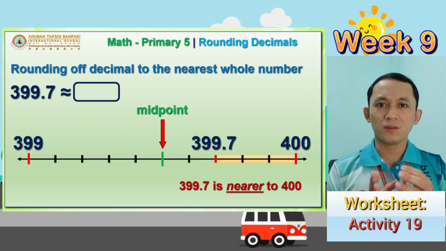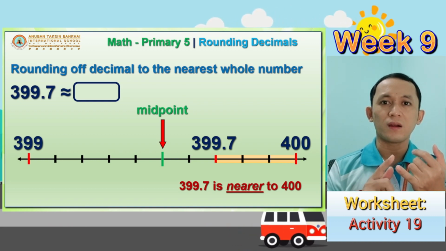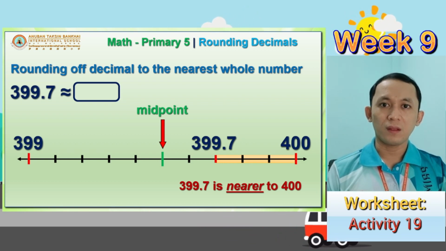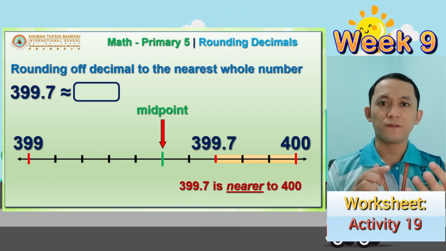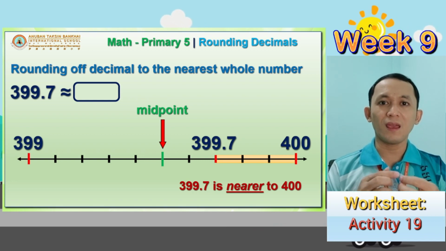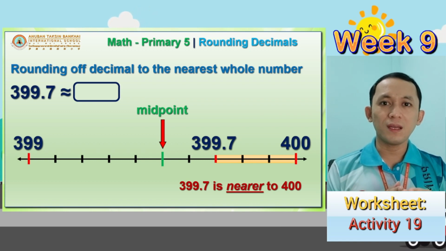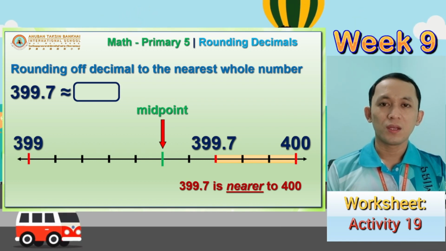Remember that if our digits are 0, 1, 2, 3, 4, we round down. If our digits are 5, 6, 7, 8, and 9, we round up. Here, our digit is 7.